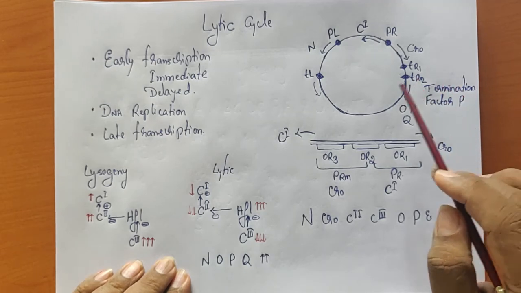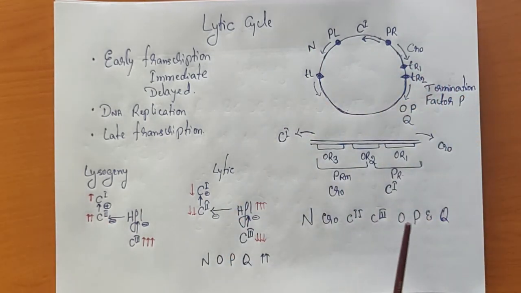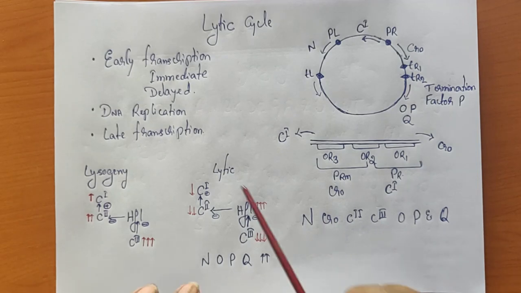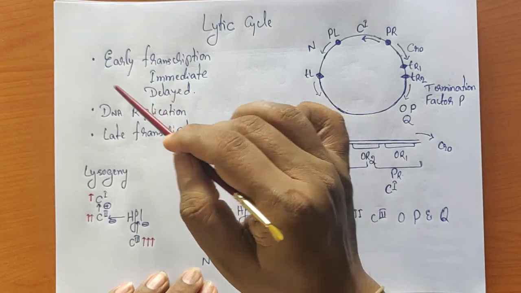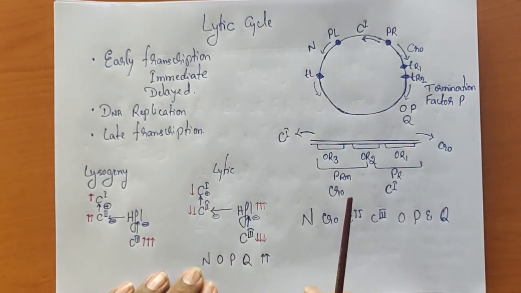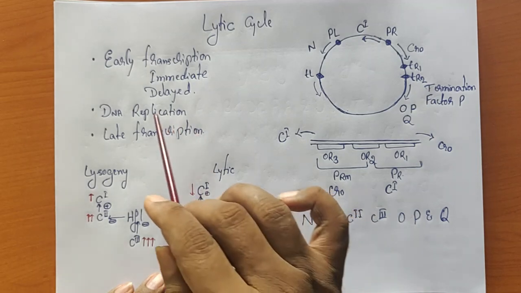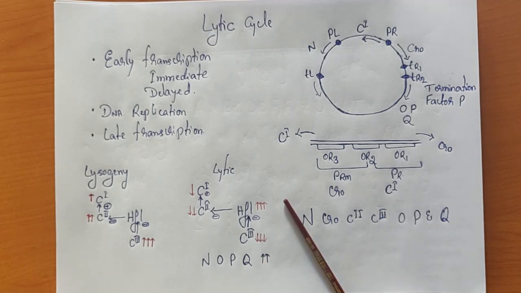So now what will bind what and how these modify the whole process. Now that is very complex, and this is very, very important. That is the early transcription, that is, immediate early transcription and delayed early transcription are very critical. If you follow this particular portion well, then the next one is going to be the DNA replication. So I will discuss the DNA replication in my next video.